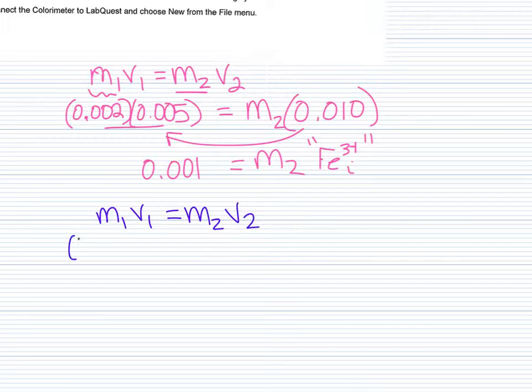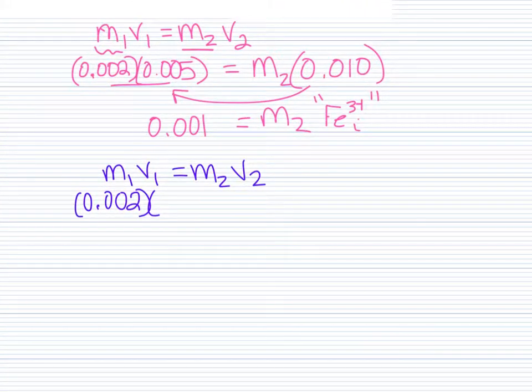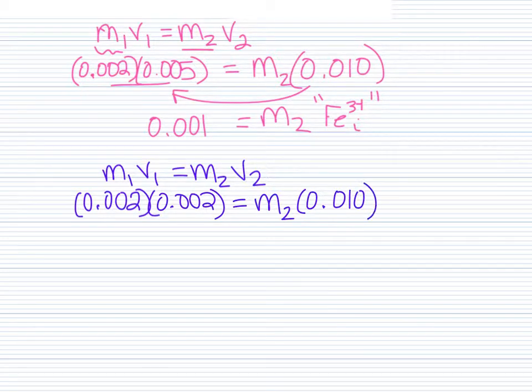Again, my molarity of this potassium thiocyanate was 0.002. Volume, to begin with, was 2 milliliters. So 2 milliliters is also 0.002. We set that equal to finding this new molarity, and final volume was 10 milliliters. That's what your solution was.